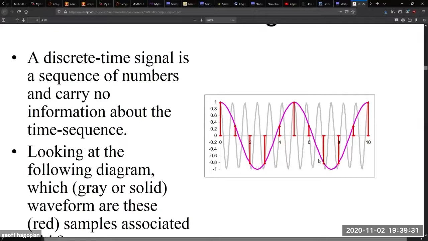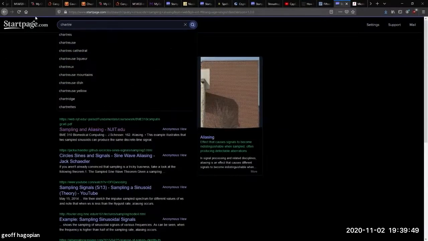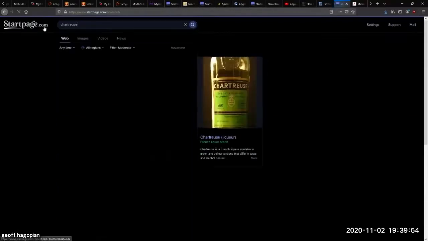Or is that mauve? I don't know. Violet. In any case, it's not chartreuse. That would be, I don't even know. I think chartreuse is like green or something. I know, I'm easily distracted.